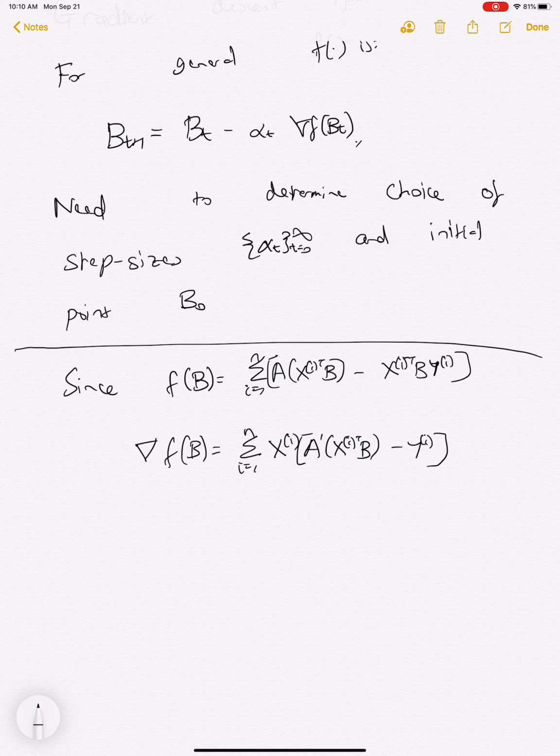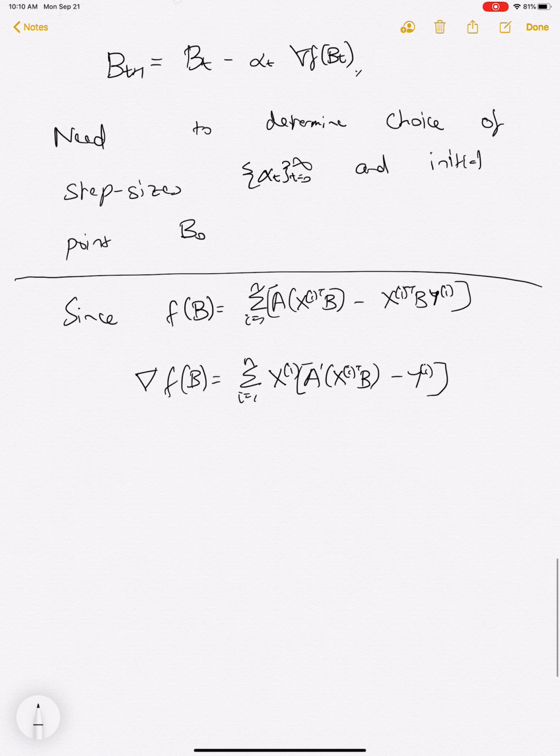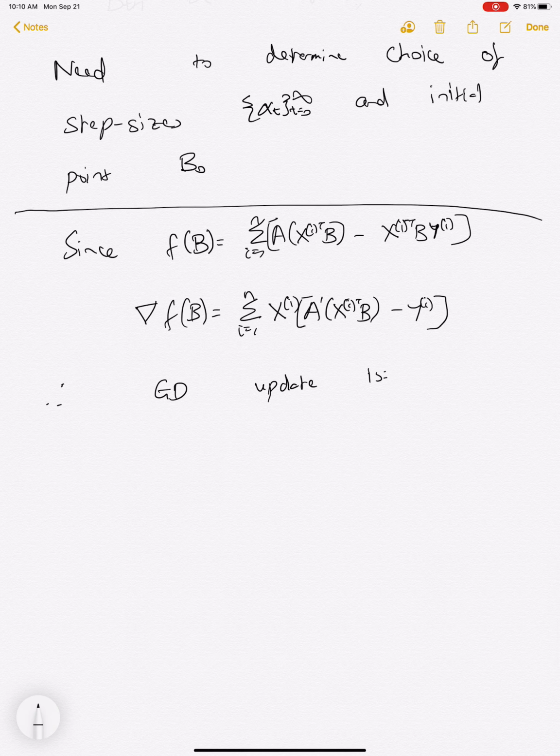So this gradient has this form, and so therefore the gradient descent update in that case is, okay. Okay, so this is what we get for the gradient descent update.